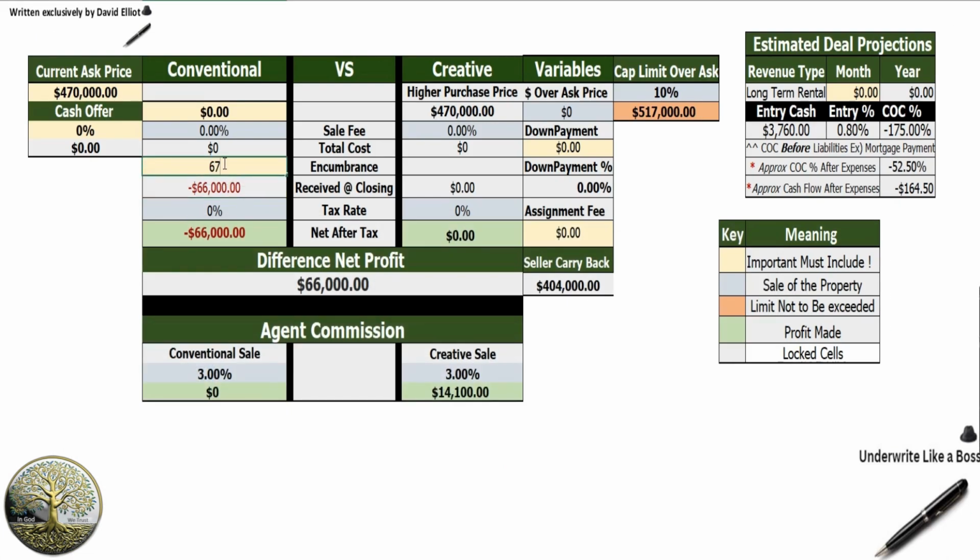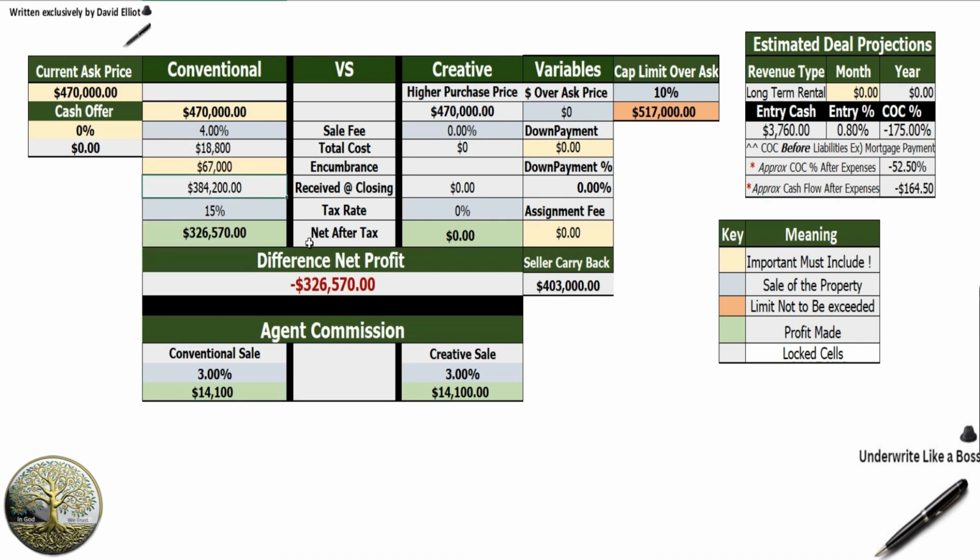Total encumbrance is $67,000. And we're going to look at the best case scenario, just like in parts 1, 2, and 3, for a conventional offer that a seller can receive. So let's look at $470,000, and the best case scenario for the sales fee, which you should know by now is 4%. The capital gains will be at 15% on average.